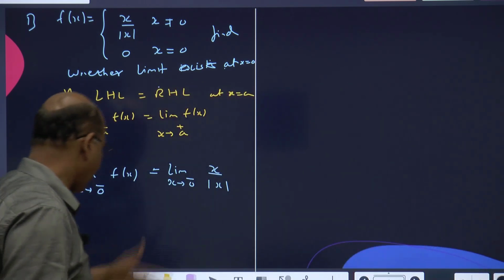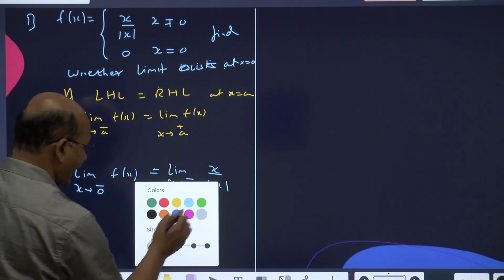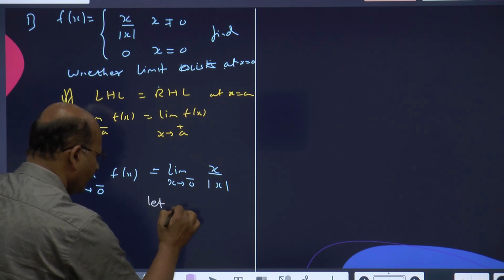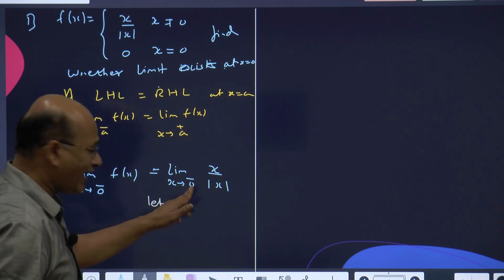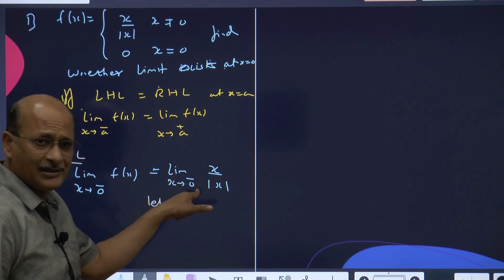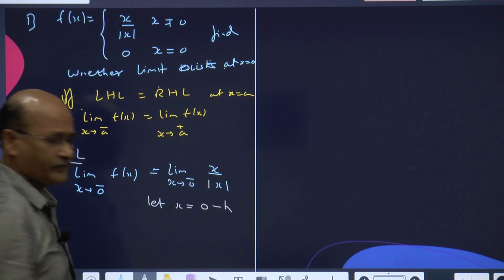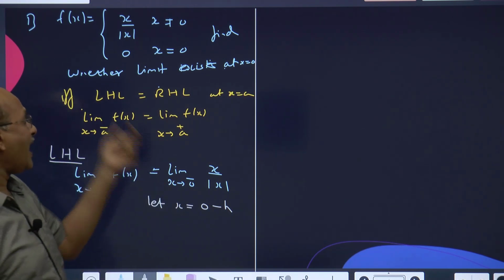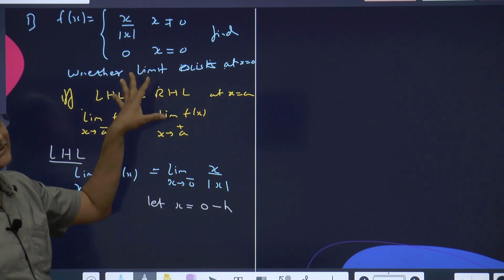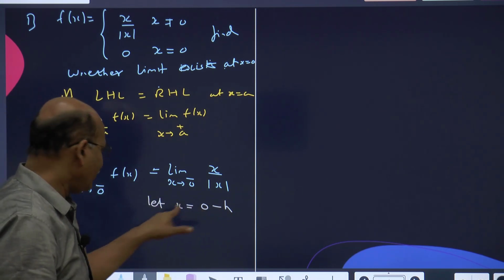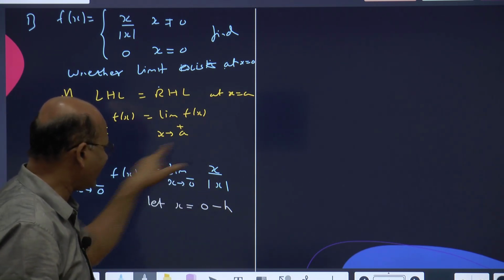So what is my working here? Whenever I am finding the values, I will let x be equal to a specific value less than 0. So I will take x to be 0 minus h. Understand, this procedure has to be done for all the sums on existence of limits. So please understand that: 0 minus h. That means x is replaced by 0 minus h in the question.